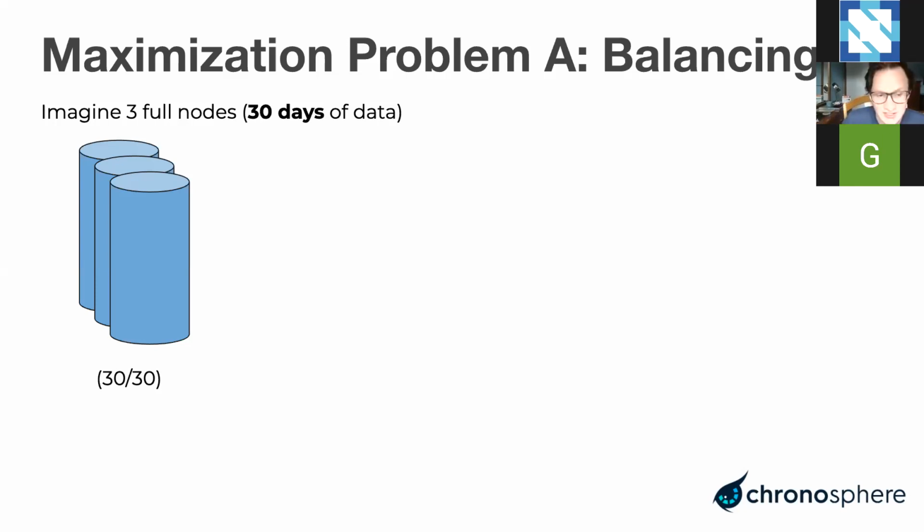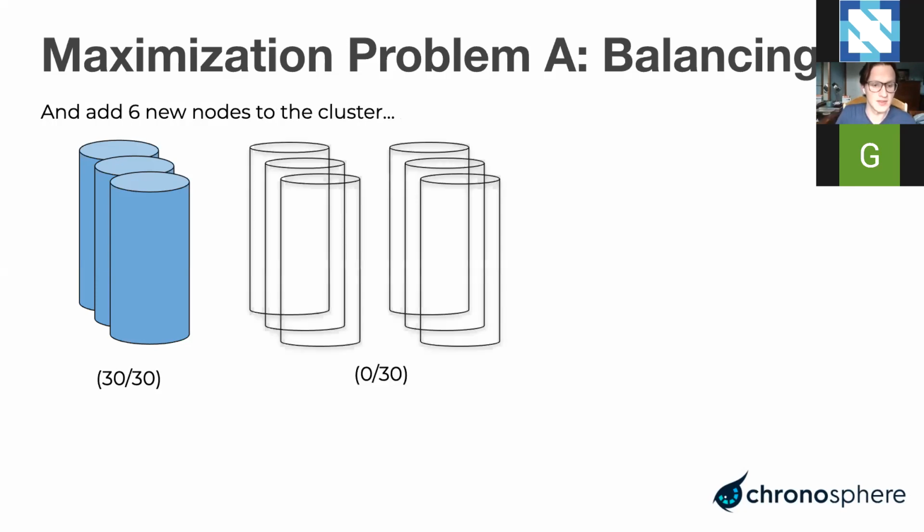We want to expand our cluster so that we can, let's say, add up to 90 days or something. Then we go from 3 to 9 nodes total. So we're going through a migration where we want to add 6 more nodes to our cluster. Obviously, when you first do this, those 6 newest nodes are completely empty. They have no data.